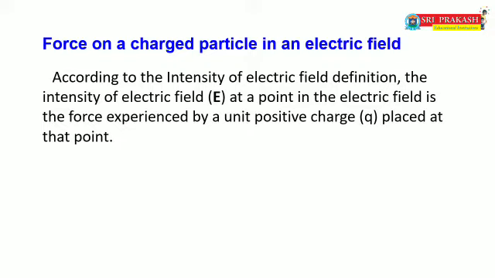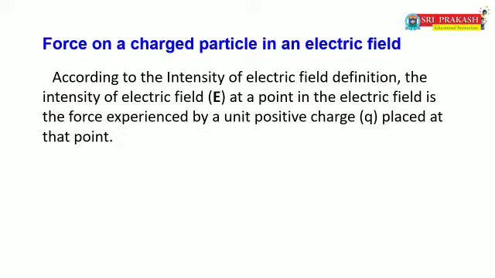According to the definition, the intensity of electric field at a point is the force experienced by a unit positive charge placed at that point. Like the intensity of magnetic field, here also there is a comparable definition. In the case of a magnetic field, it is the force experienced by one unit north pole placed at that point.